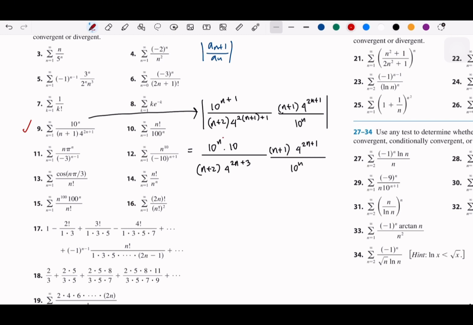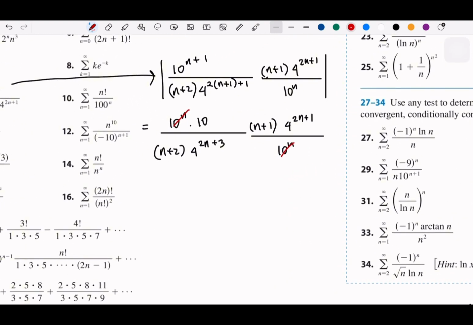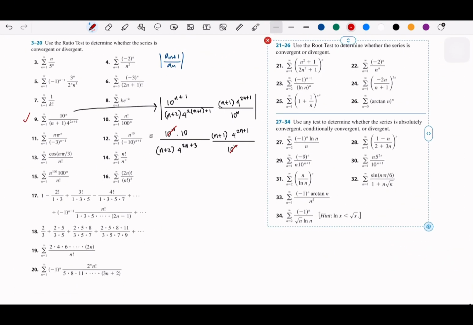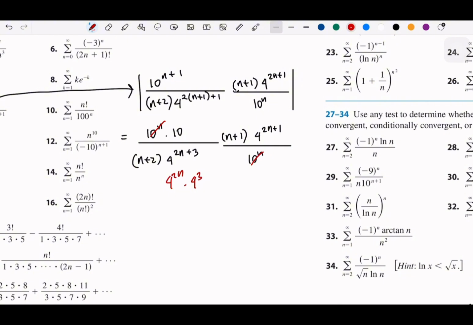So I will cancel this 10 with power of n, and then for this one I will cancel, but this is actually 4 to the 2n times 4 cubed, and this is 4 to the 2n times 4. So I will cancel the 4 to the 2n, and 4. So this is 4 squared.